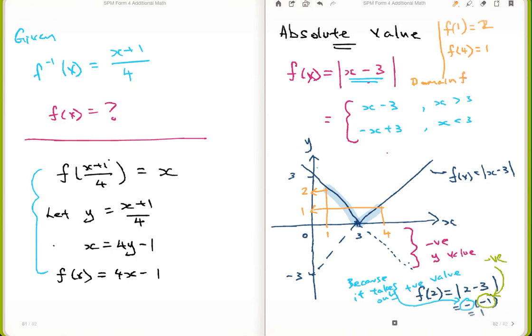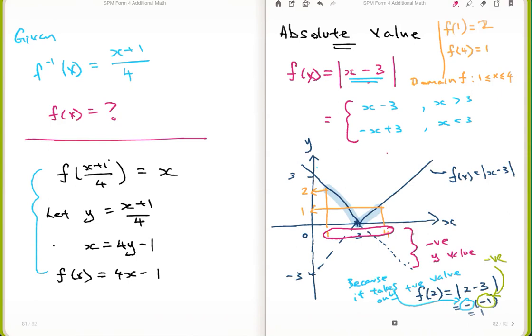The domain of f will therefore be from 1 to x, less than 4. So these are the domain, 1 to 4. Domain.